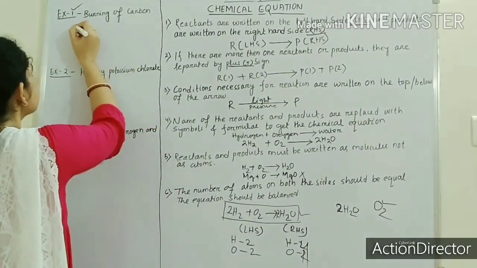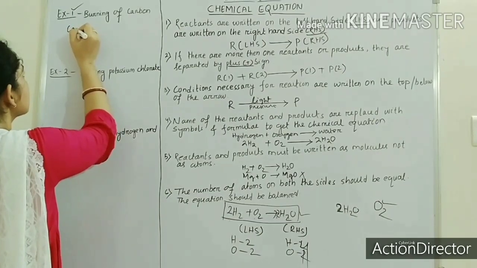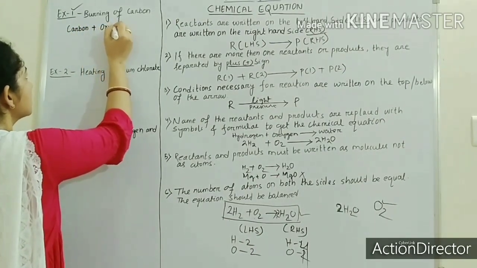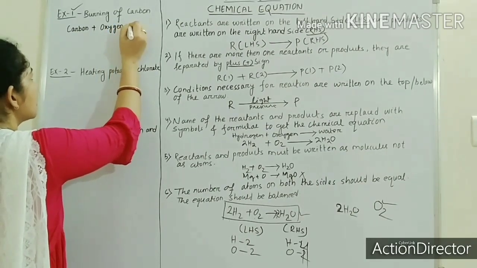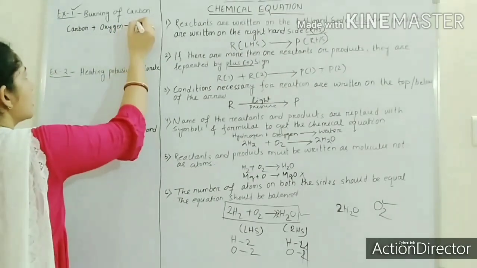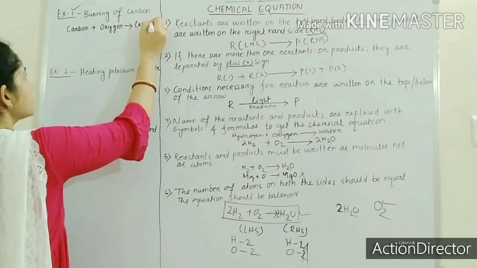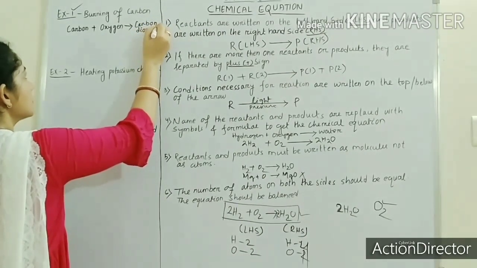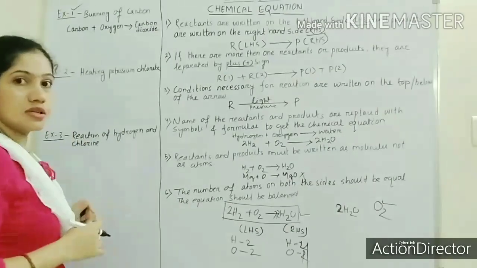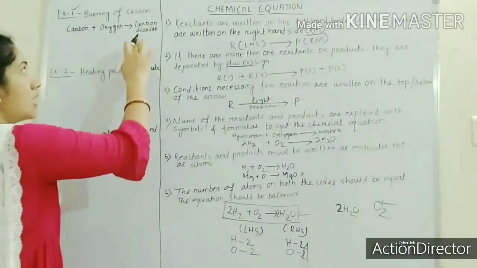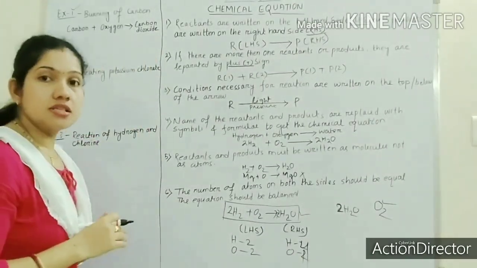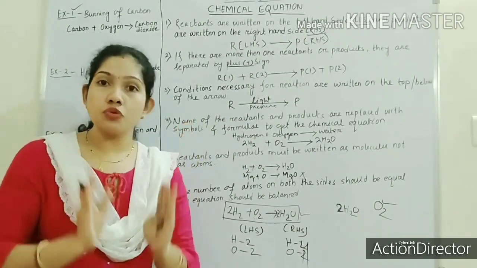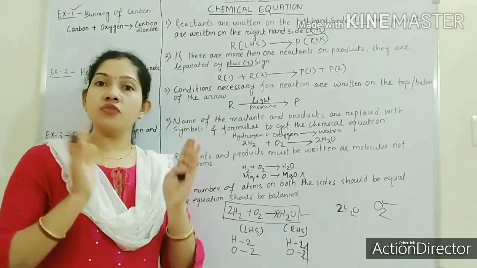Here I am writing burning of carbon. Carbon plus oxygen combines to form carbon dioxide. This is the general word equation for the burning of carbon.